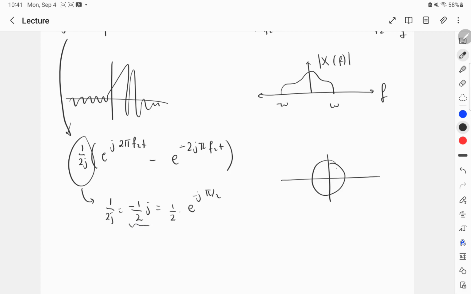Minus 1 over 2j, 1 over 2 times e to the minus pi over 2. Here we have 0. Here also it will give us 2 pi. Here we have pi over 2, minus pi over 2. And when we go minus pi over 2, it will give us, here is the imaginary axis.